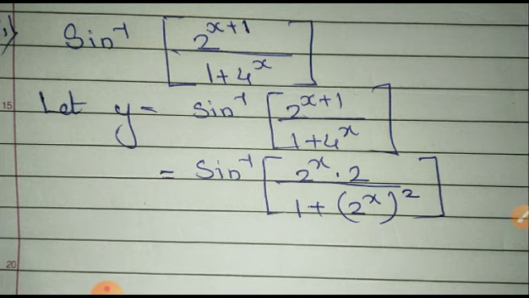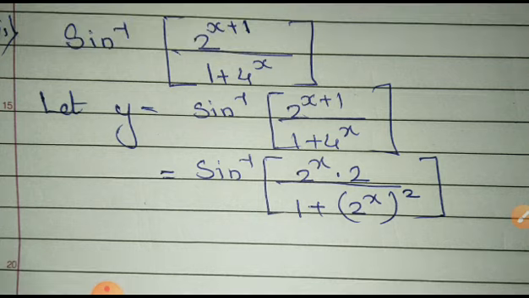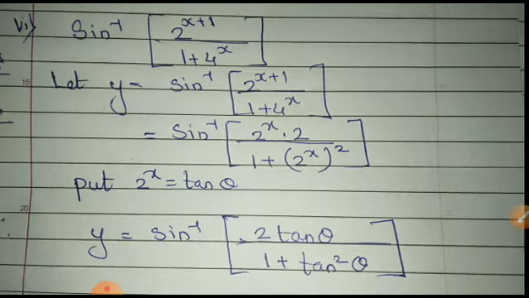Is this 2 into something by 1 plus that 2 raised to x bracket square? Yes. So is it any identity? Yes. Can I substitute anything? Yes. If I substitute 2 raised to x as tan theta, what will I get there?